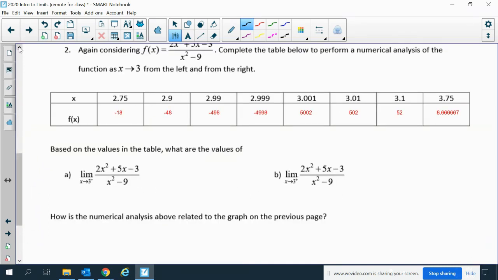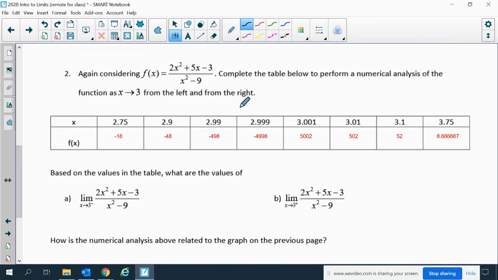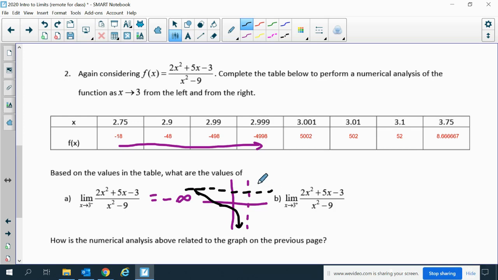So now let's take a look at what happens as we're getting close to 3. So as we're getting close to 3 coming from the left, it looks like we're getting close to -infinity. And if we look at the graph and we approach 3, we remember that this graph went something like this. And sorry, there's an asymptote at 2.